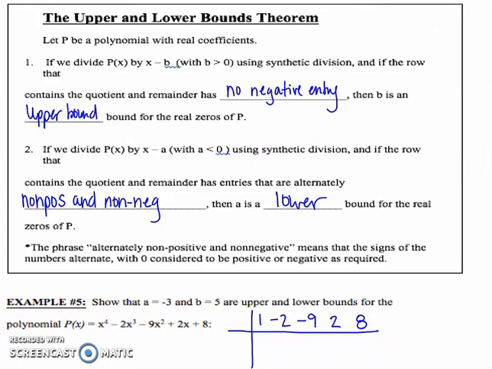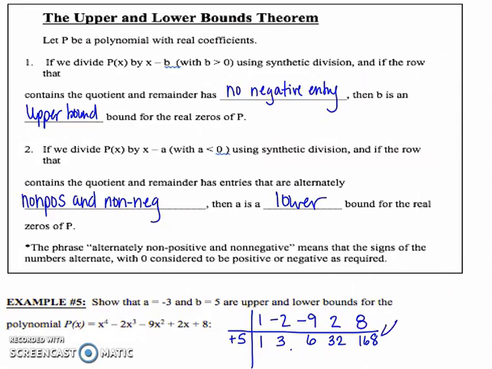Okay, well, obviously positive 5 is going to be hopefully our upper bound, right? So let's check that. If we do positive 5, and again, we're just going to do synthetic division here. Drop down the 1. 5 times 1 is 5. 5 plus negative 2 is 3. 5 times 3 is 15. 15 plus negative 9 is 6. 5 times 6 is 30. 30 plus 2 is 32. 5 times 32 is 160, plus 8 is 168.